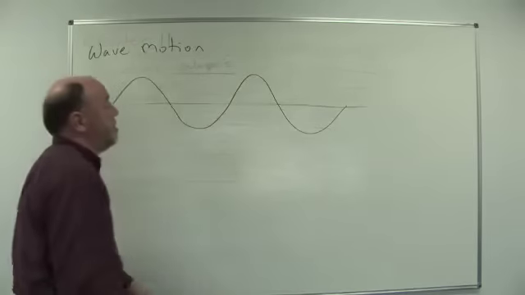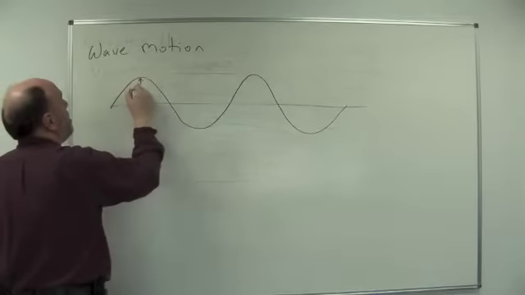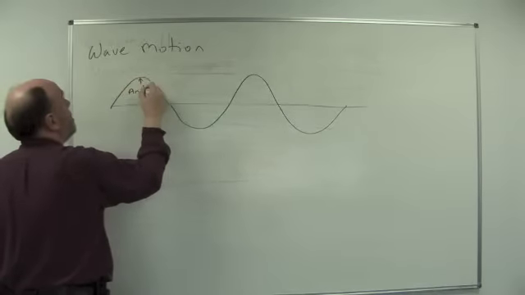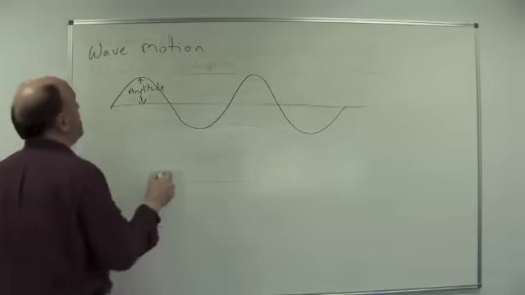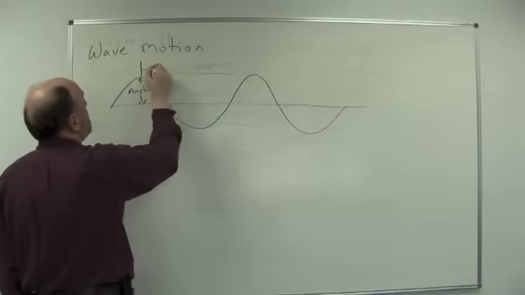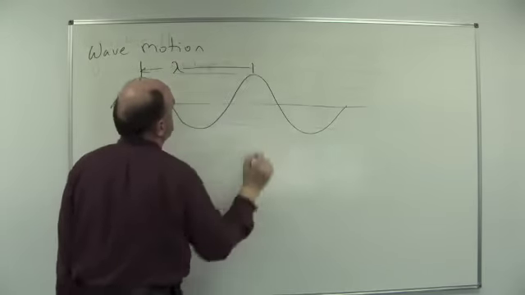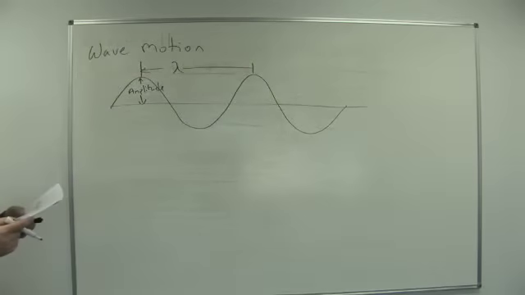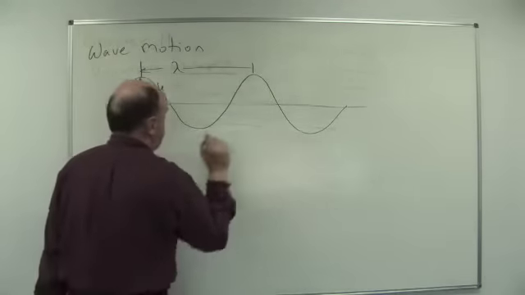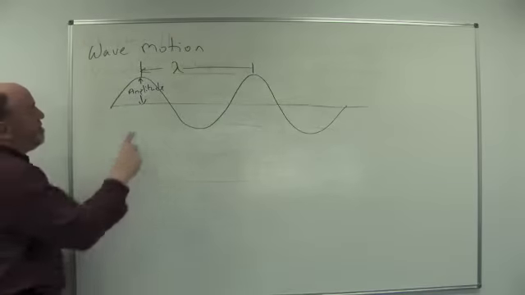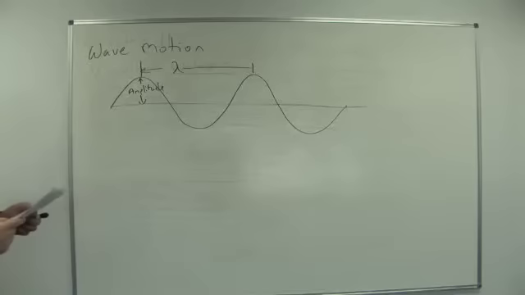And so this would then be the amplitude, from here to here. The wavelength is the distance from basically crest to crest, or trough to trough. So that distance would be the same as that distance. This distance here, which is the amplitude, would be the same as that distance over there.